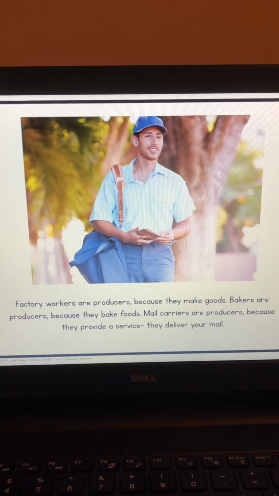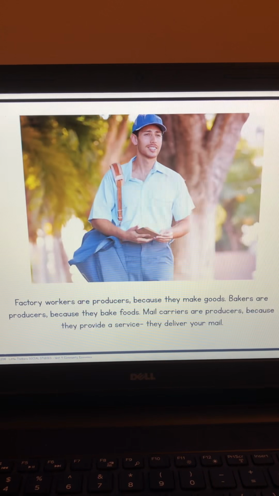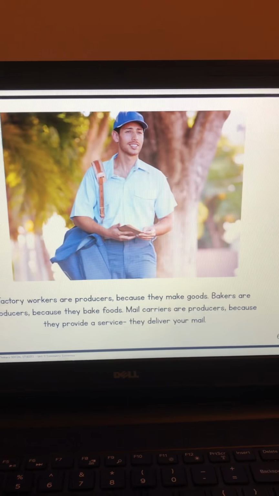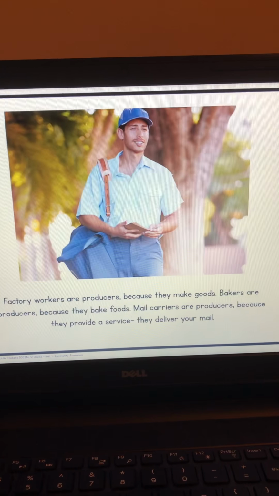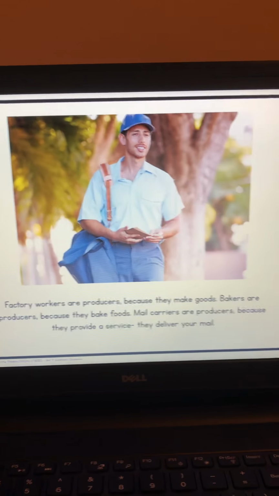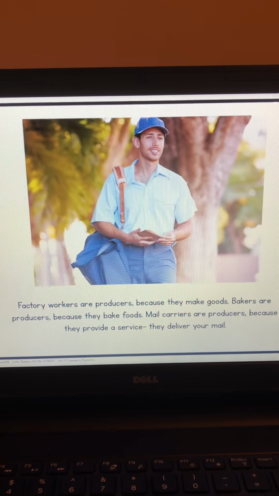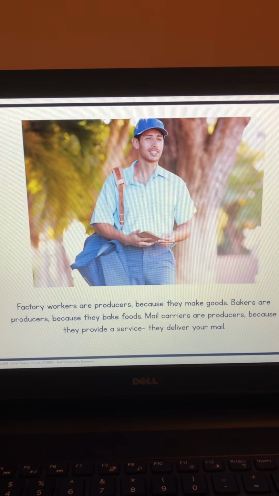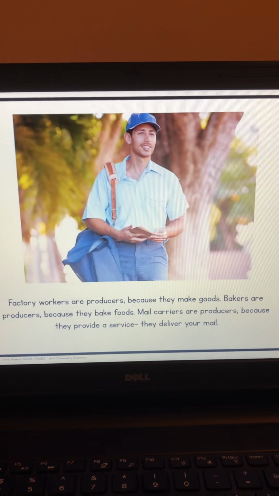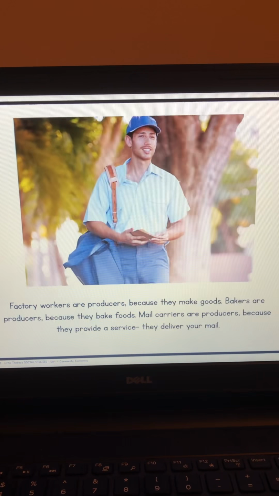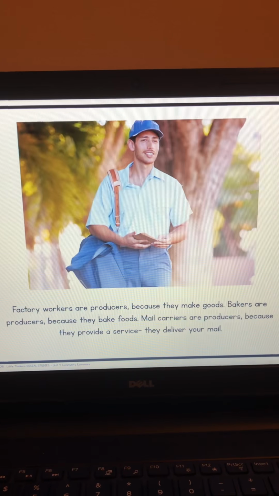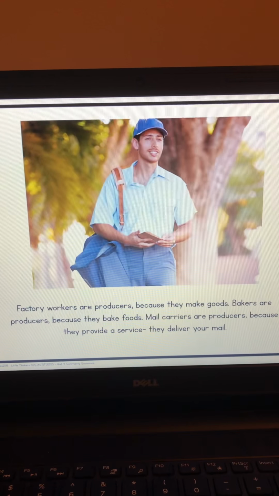So a factory worker is a producer because they make goods. So pretend you worked at an Xbox factory. Then the good you are making is Xboxes. So they're not the ones buying the Xboxes in the factory, they're the ones making it. That makes them producers.